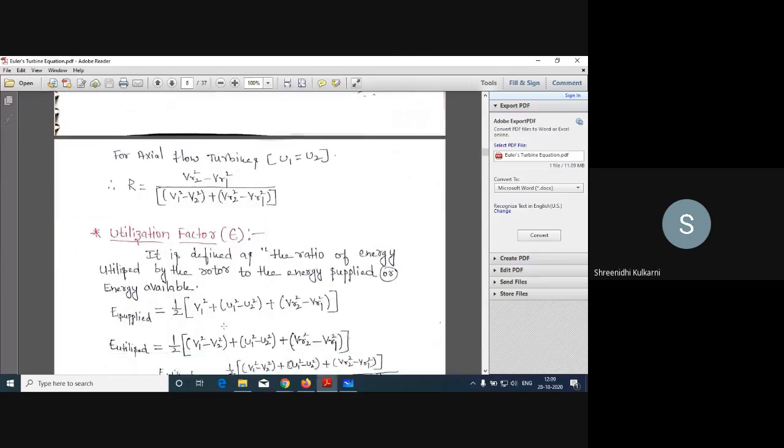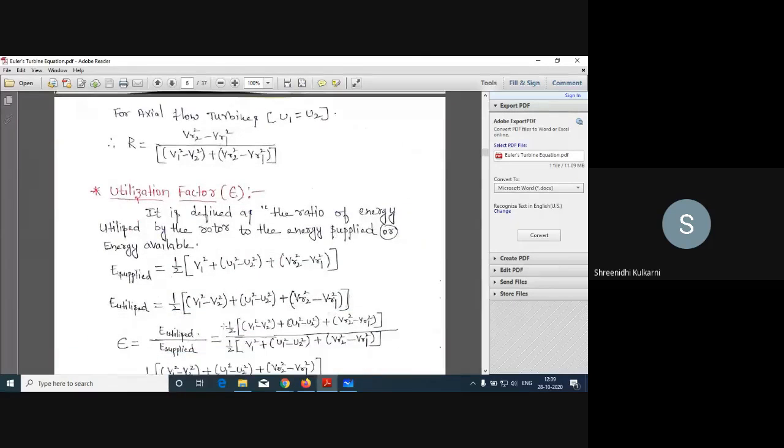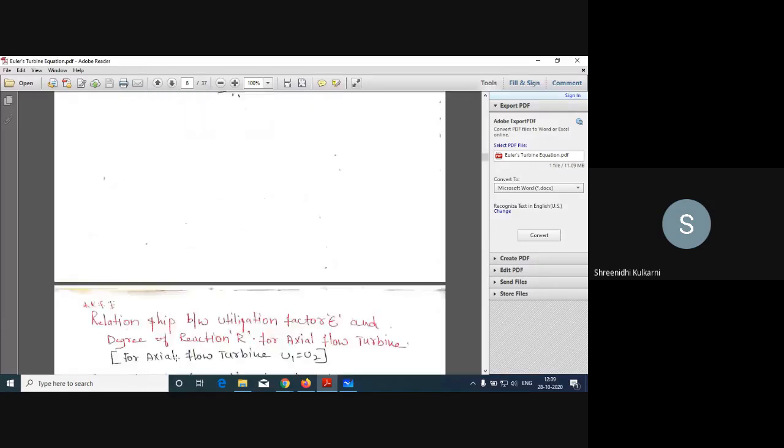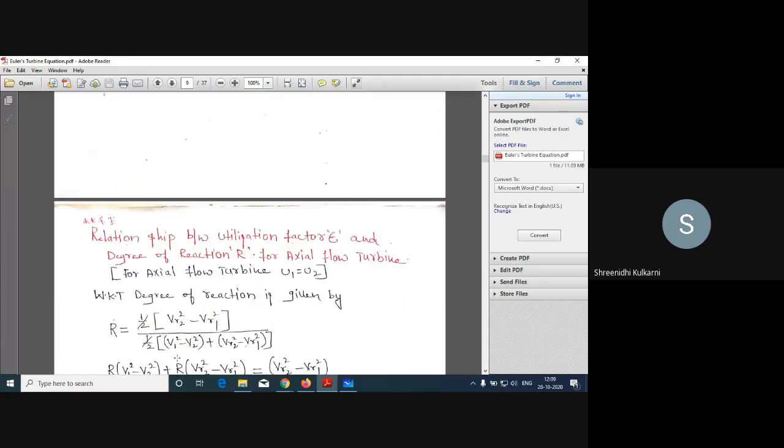Similarly, the utilization factor epsilon is defined as the ratio of energy utilized to energy supplied. Again, we can write it for axial flow turbines. Later we discussed the relationship between utilization factor epsilon and degree of reaction R for axial flow turbines.